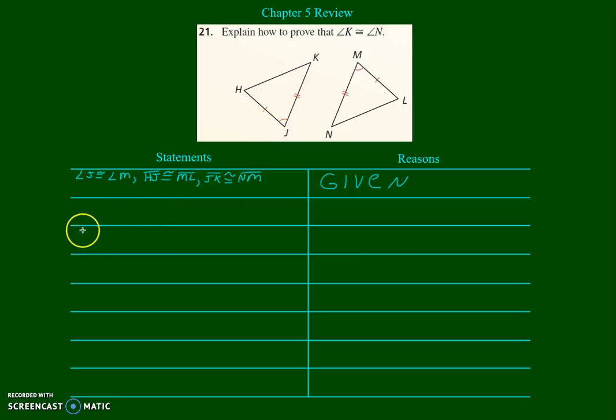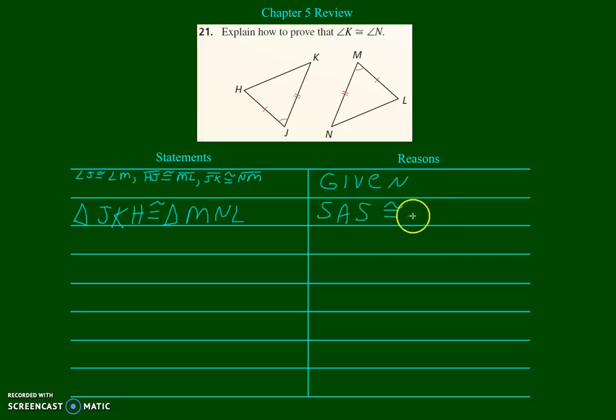So we can say triangle JKH is congruent to triangle MNL by side angle side congruence.